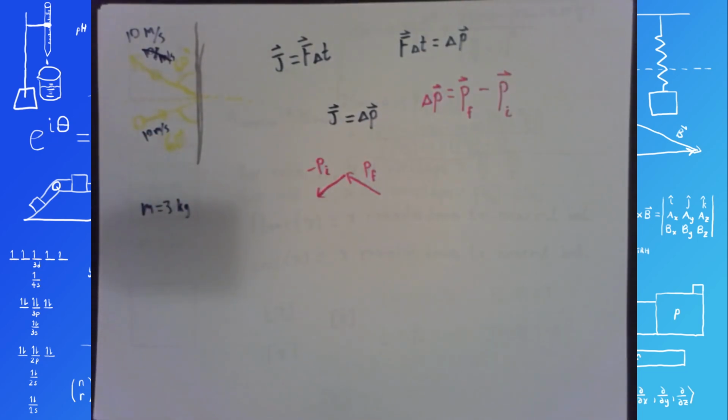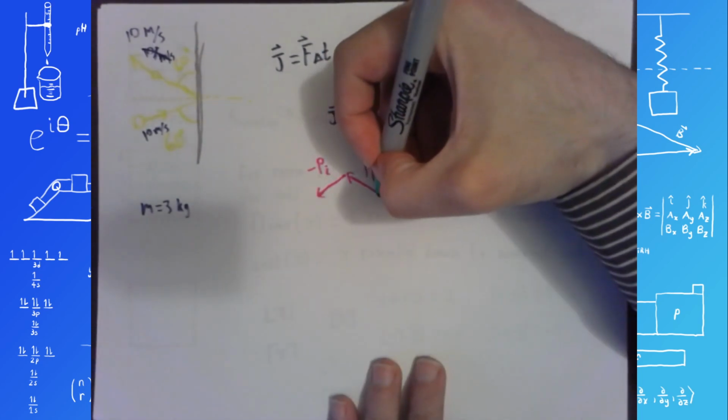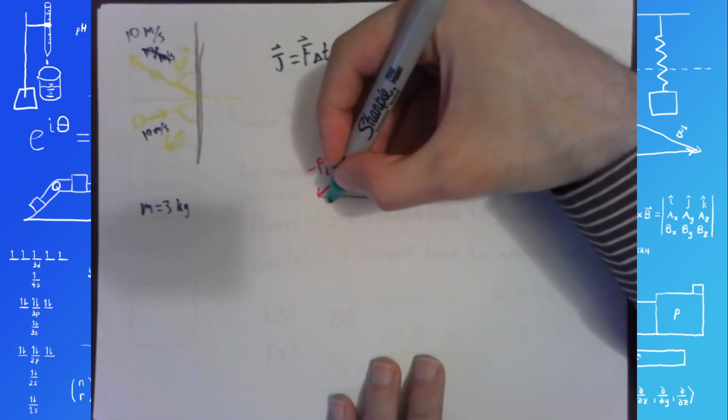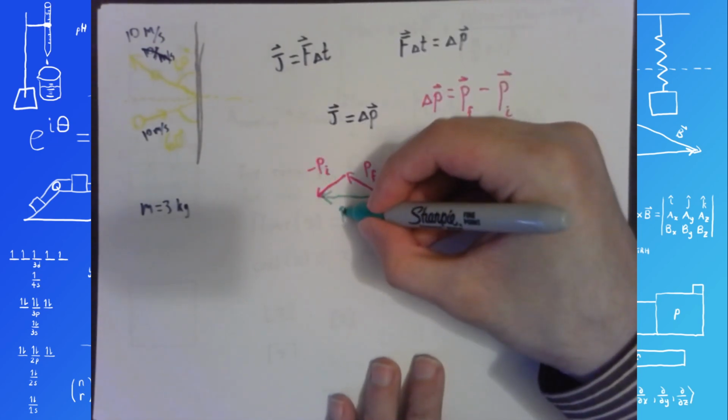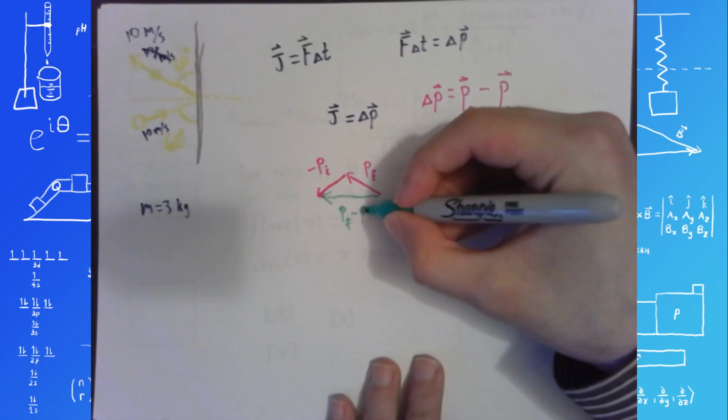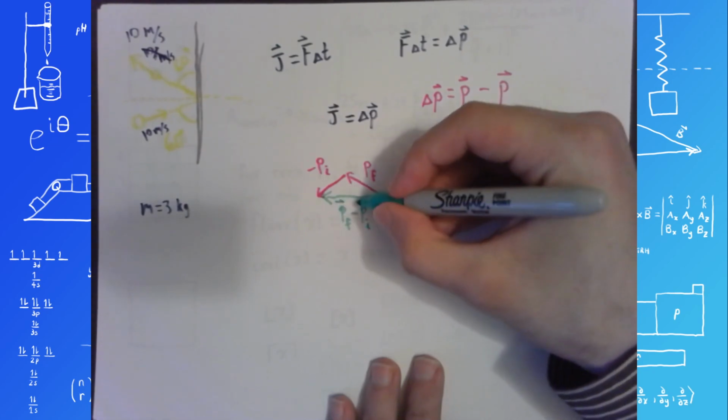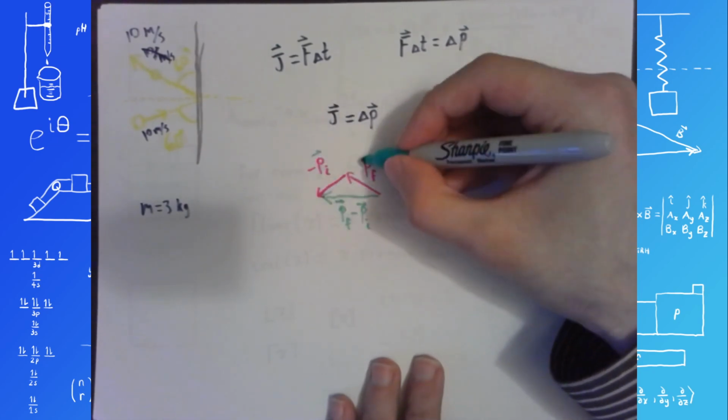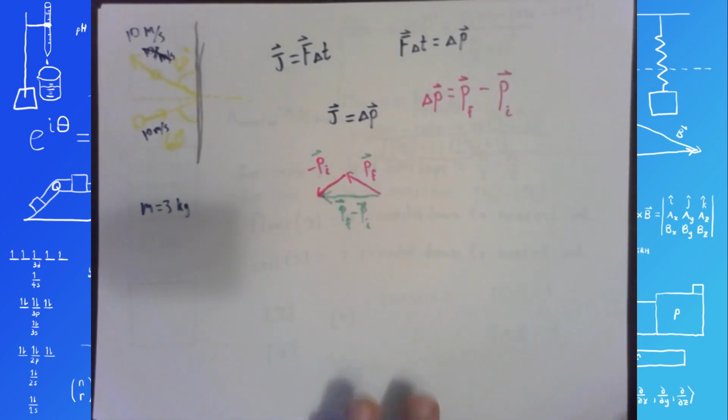And momentum final minus momentum initial would then be that value. It would have to be that vector pointing all the way to the left. Very, very easy mistake for students to make. I see this all the time. Remember, momentum's a vector.